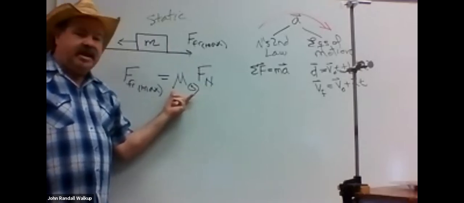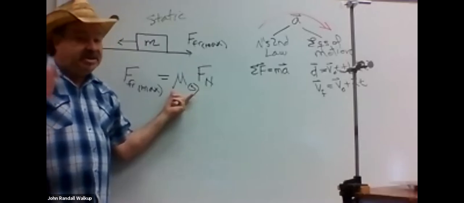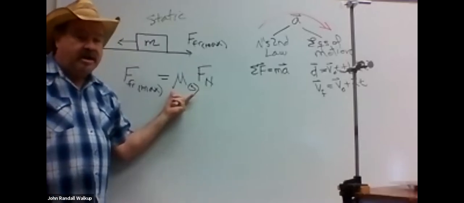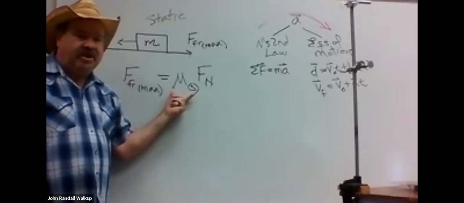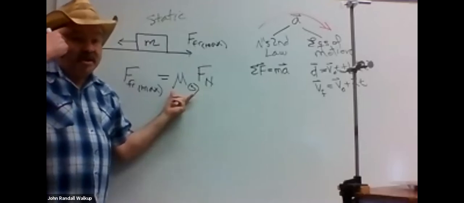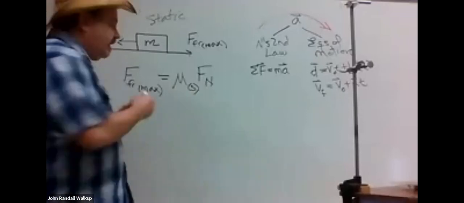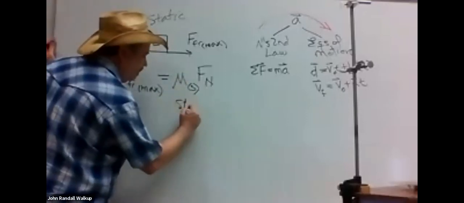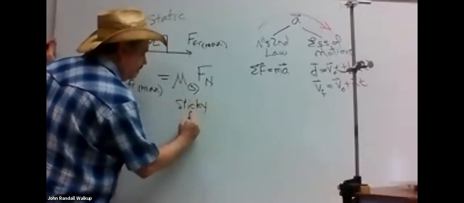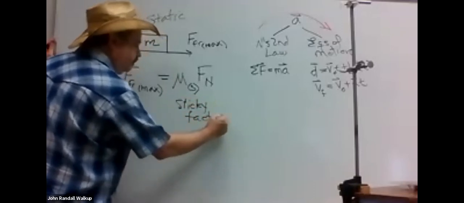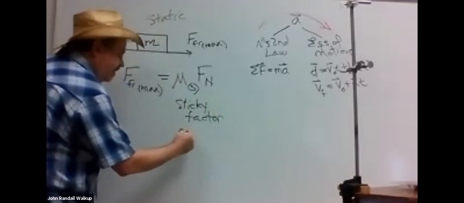And it is a number. It does not have to be less than 1. It can go up to like 3. I don't think I've seen anything above 3, but it doesn't have to be below 1. But you can think of this as the sticky factor, or the roughness factor.